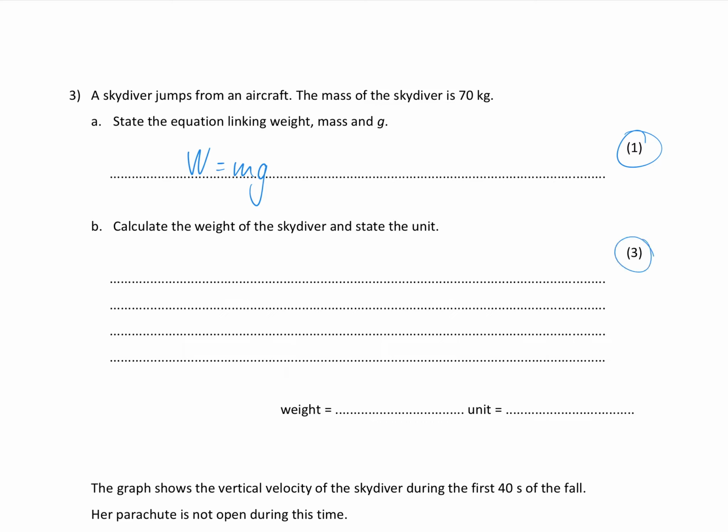Calculate the weight of the skydiver. 3 marks, so we're going to be looking for, and we won't be penalised again for that one, but we're going to definitely look for the substitution multiplied by 10, g on Earth, and that's going to give us 700, and then we're going to need to know the newtons, so 700, and the answer's in newtons.